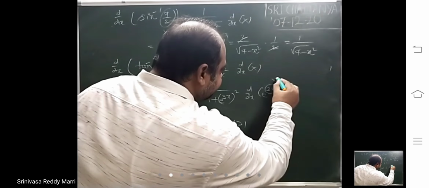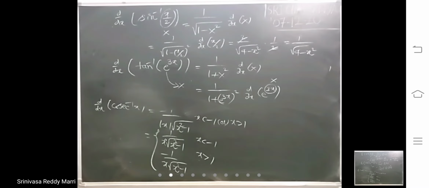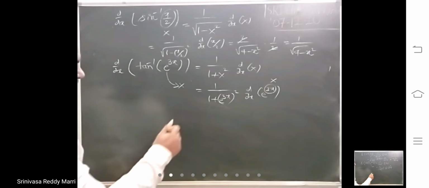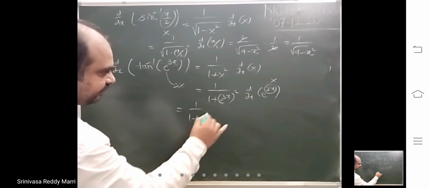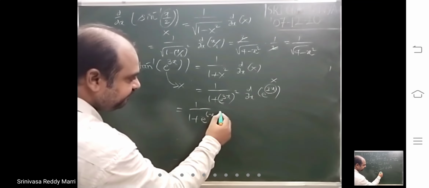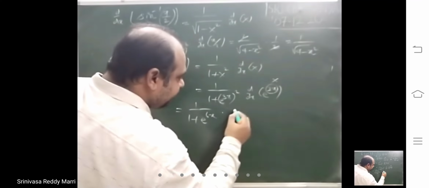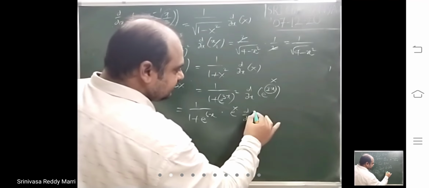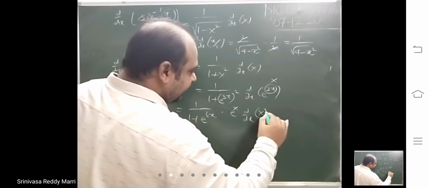Now in the second step, capital X is 3x. That means 1 by 1 plus e power 2 into 3x, e power 6x. E power capital X is nothing but e power x into d by dx of capital X.